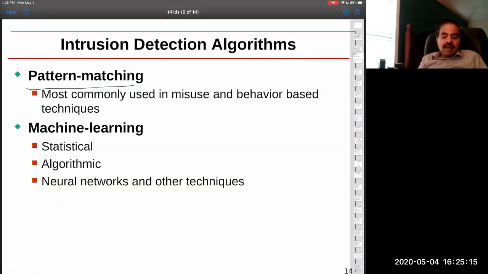Although there is one thing that is important in the context of intrusion detection, which is that we have to be aware of the fact that the attacker is actively trying to evade your detection techniques, right? Whereas typically in machine learning, you are not focused on these kinds of adversarial behaviors. The typical case for which machine learning algorithms are developed and tuned is benign use cases.